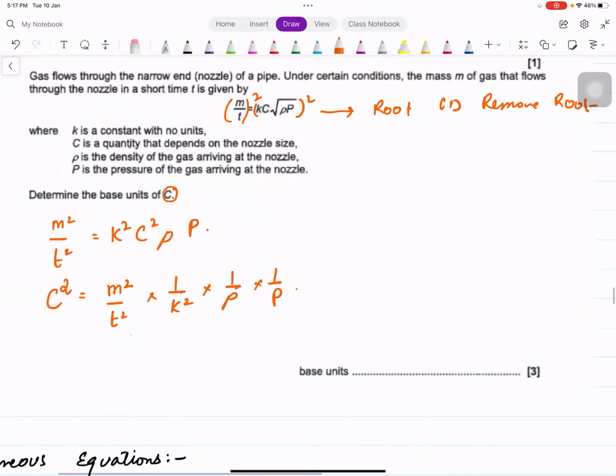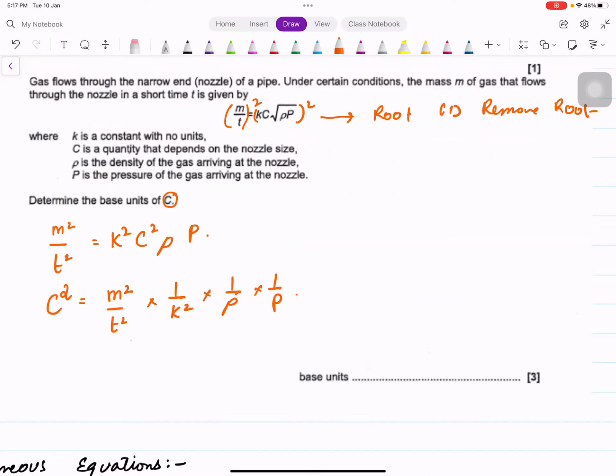Now, if you look at it, k is a constant with no units, so we will ignore this one. Since it has no units. I'm writing it so you remember later on as well. Now m is basically mass and t is time. So mass is in kg. So kg squared over second squared times, I'm going to ignore this, I'm going to use this.